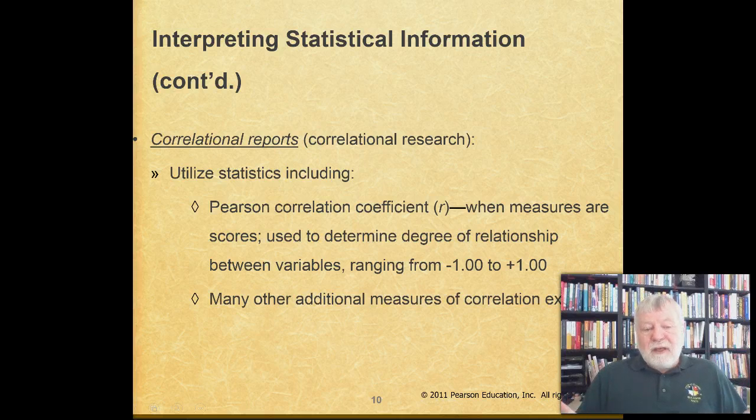That is the type of thing that the Pearson correlation coefficient will help us determine. Whenever we are talking about relationships, we are talking about values that range between -1 and +1. Whenever we are in the plus ranges, we are talking about a positive relationship. When we are in the minuses, there is a negative relationship between the two variables that we are using.